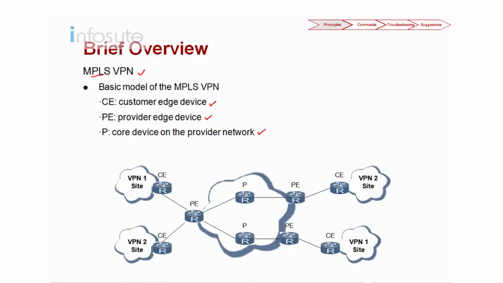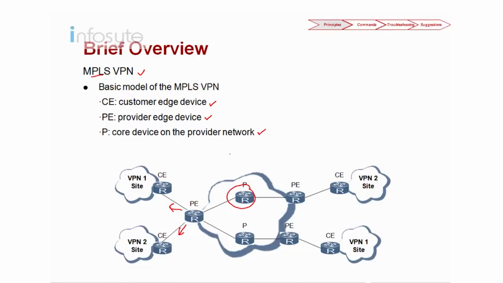The PE equipment is always facing the customers, and the CE is at the customer's premises. The P routers are not connected to any customer, they only connect within the service provider network.